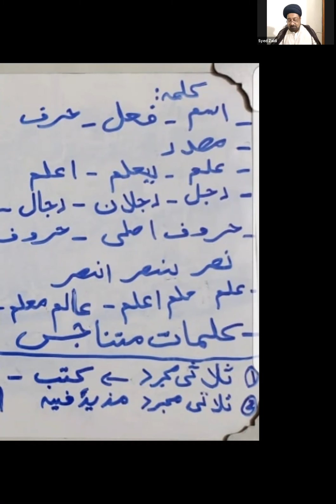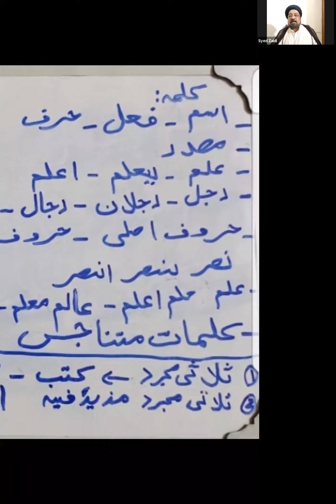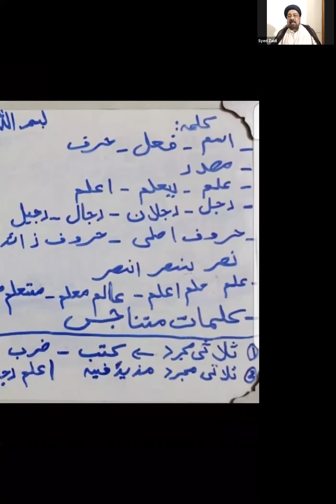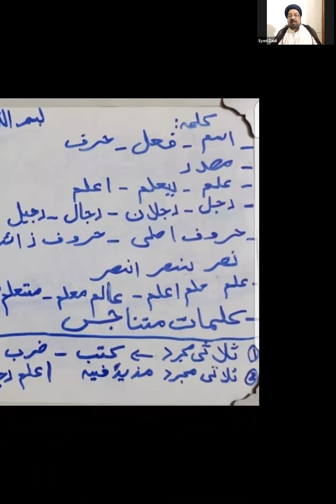Now from ism, as you can see, the words written there are rajul, rajulan, rijal, and rujail. Rajul means one man.